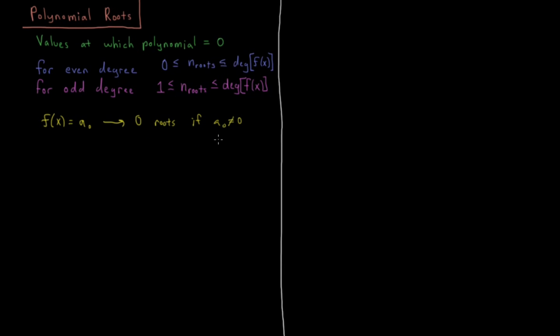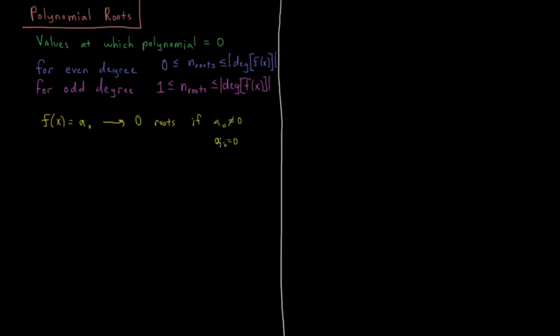And what if a0 is 0? Well, if a0 is 0, then we defined in the previous video that its degree is minus infinity. So I guess I should say, to be more exact, we could say the absolute value of the degree here, because the degree is positive for all cases except for this special case of f of x equals 0.